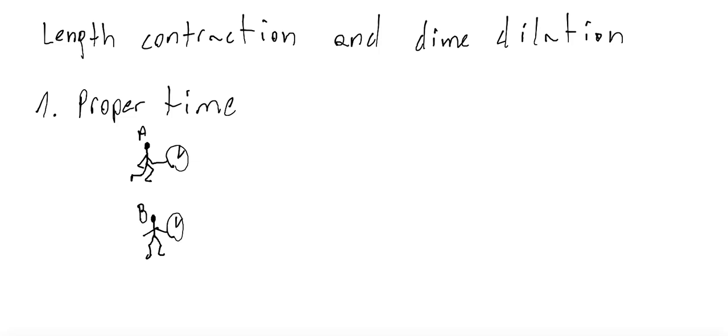In relativity, the time of an event measured by these two observers will be different. Let's imagine an event, something which happens in one place, stationary relative to observer B, a spark or something.